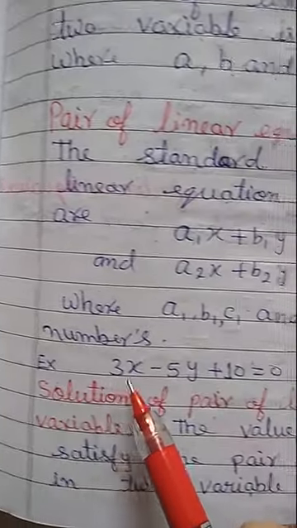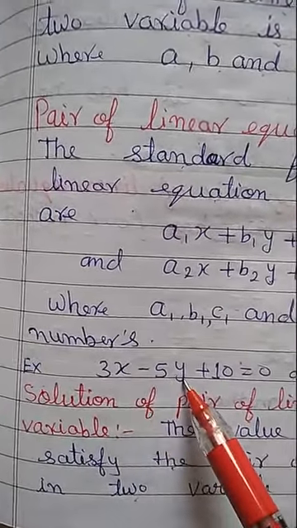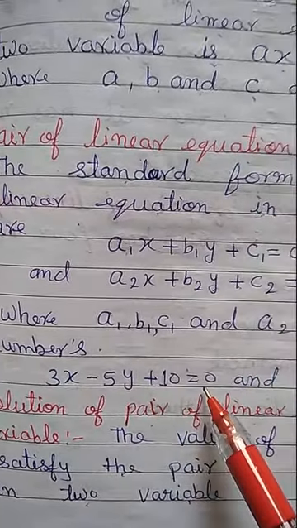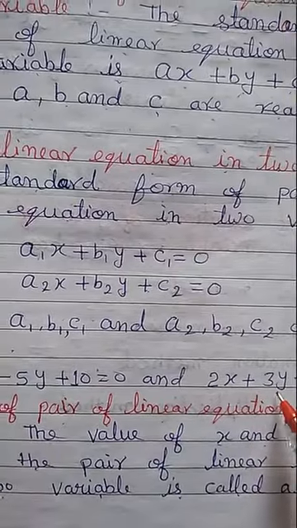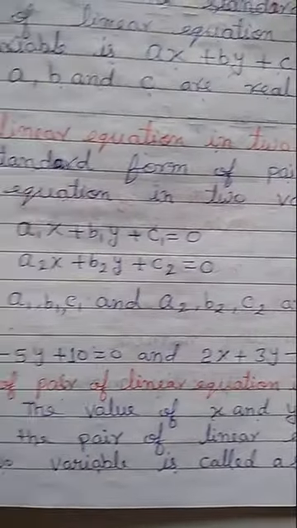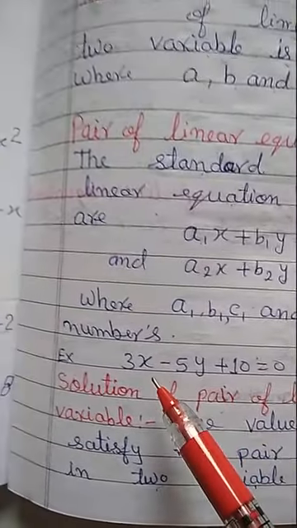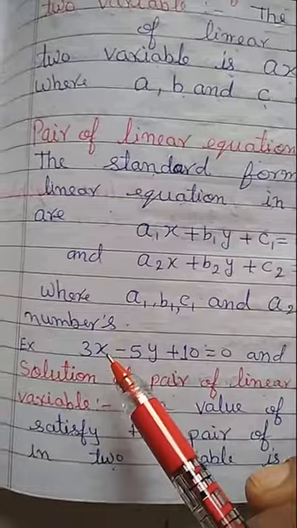For example, 3x minus 5y plus 10 equal to 0 and 2x plus 3y minus 8 equal to 0 is an example of a pair of linear equations in two variables.